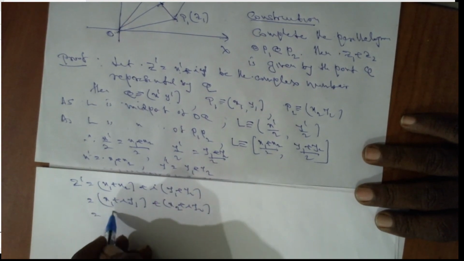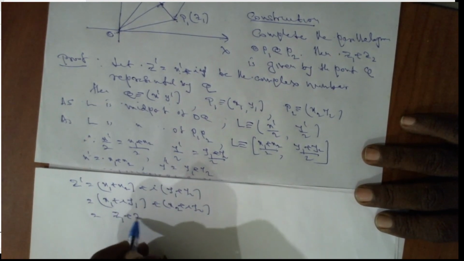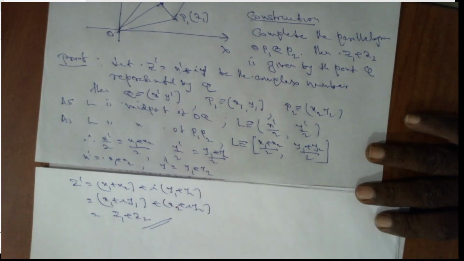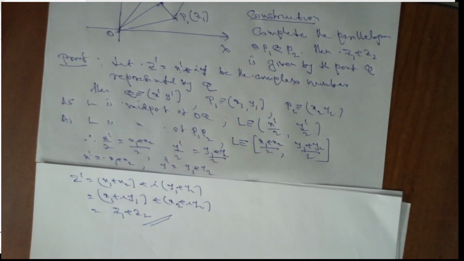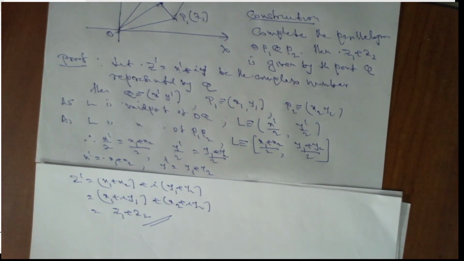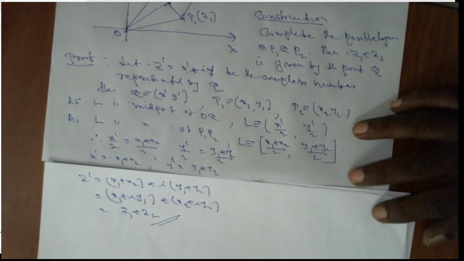So this is C1 plus C2. That is how you prove the sum of two complex numbers. The construction includes the proof also, right? So you have to provide the proof.